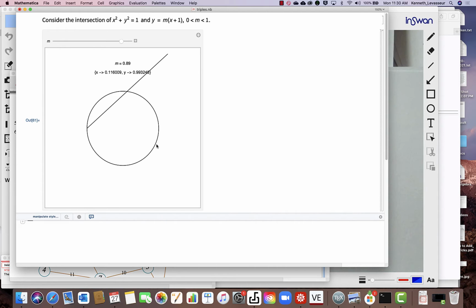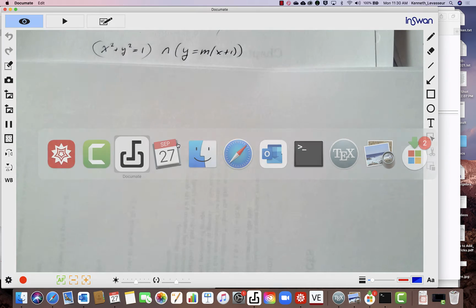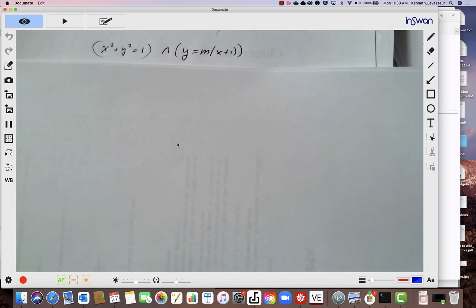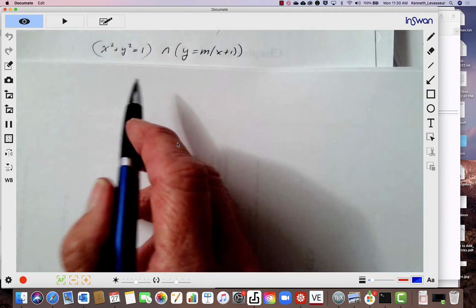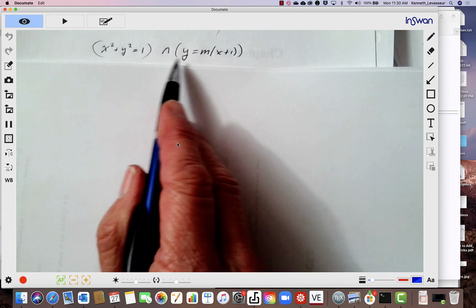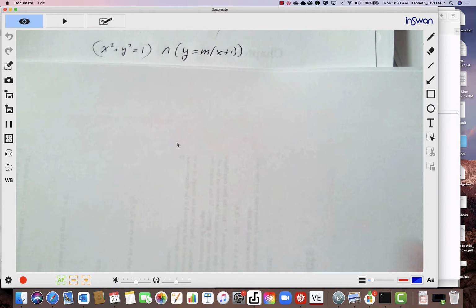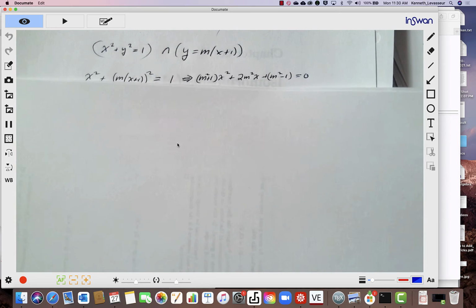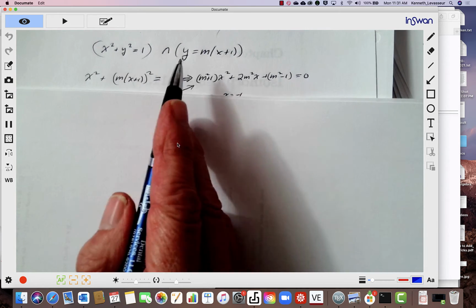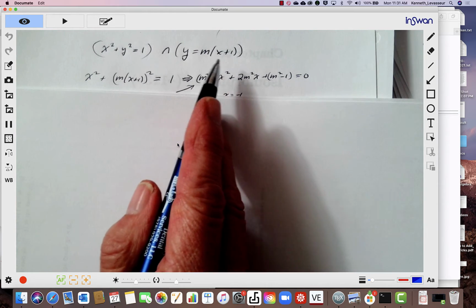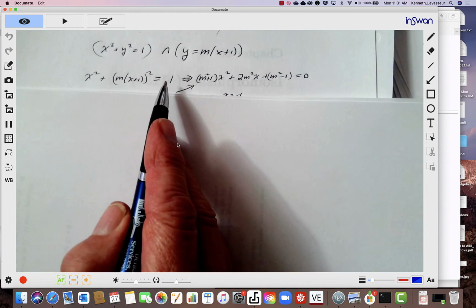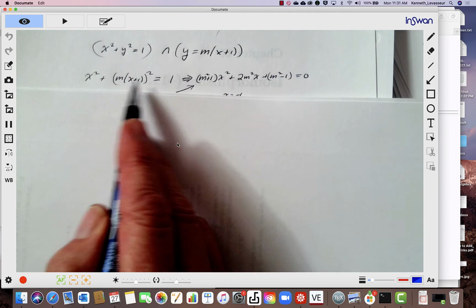So I'll switch over to the document camera. So here's the two curves, the curve and the line that we want to intersect. It's just some standard algebra. We're going to substitute in place of y, m times x plus 1, into the equation of the circle.